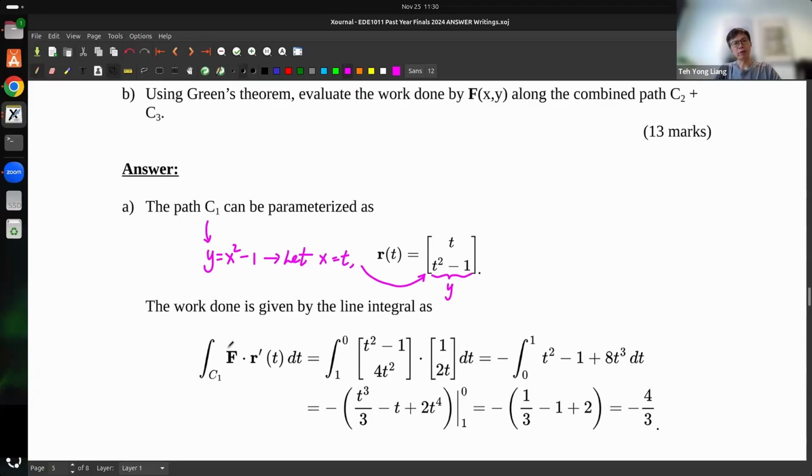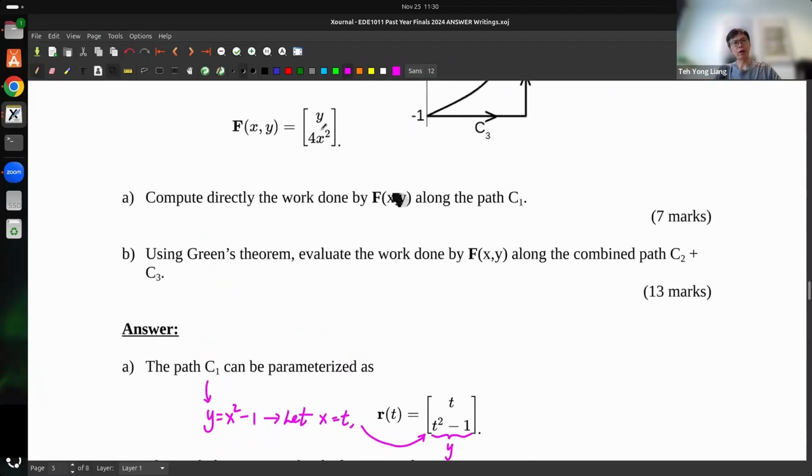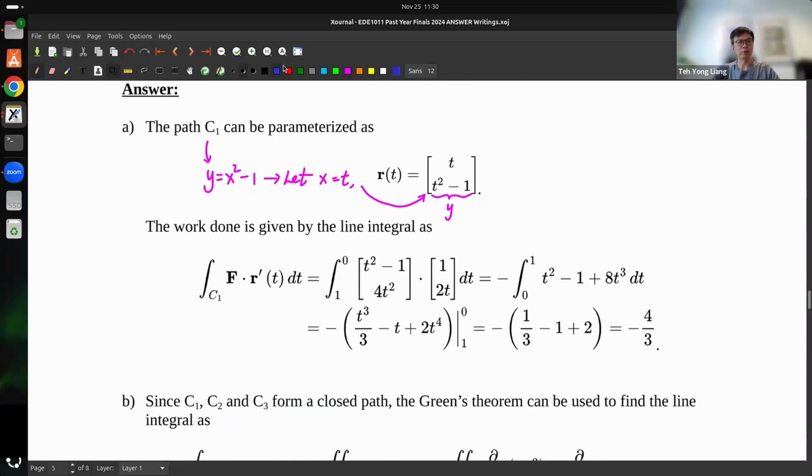So what's F? F is y, 4x squared. So the field F equals y, 4x squared. Because your x is t, 4x squared is just 4t squared. Then the y is t squared minus 1. So you sub your y inside. Let me just change color.